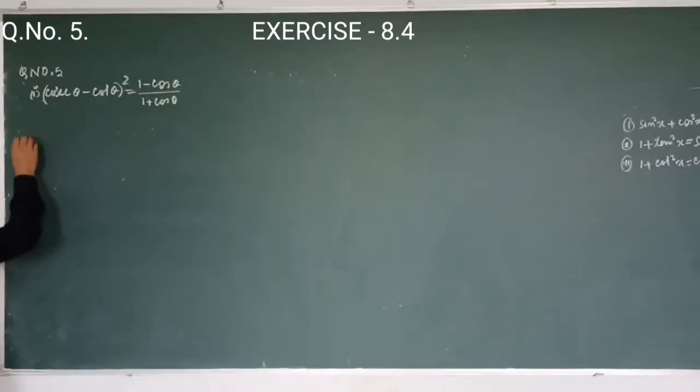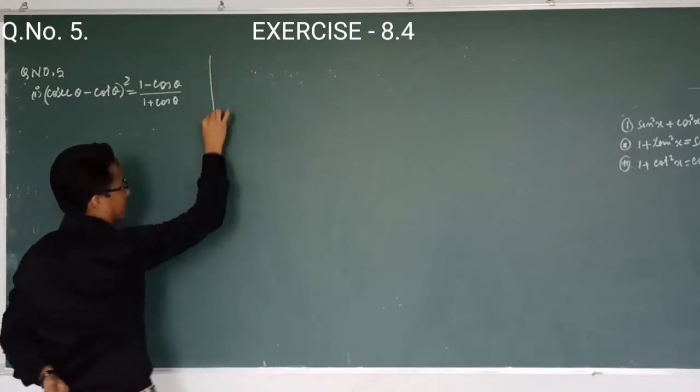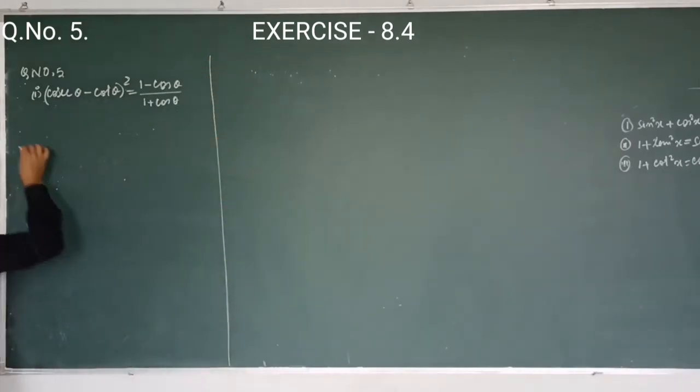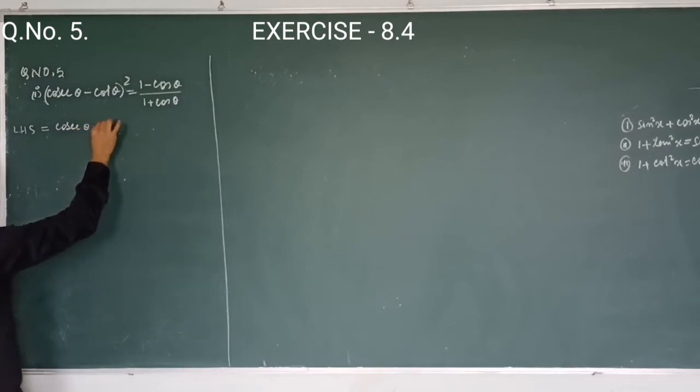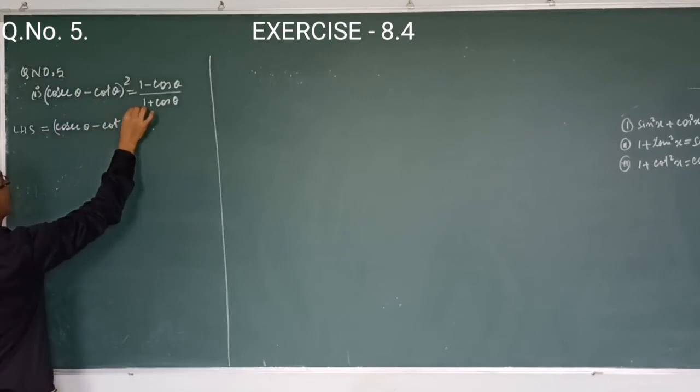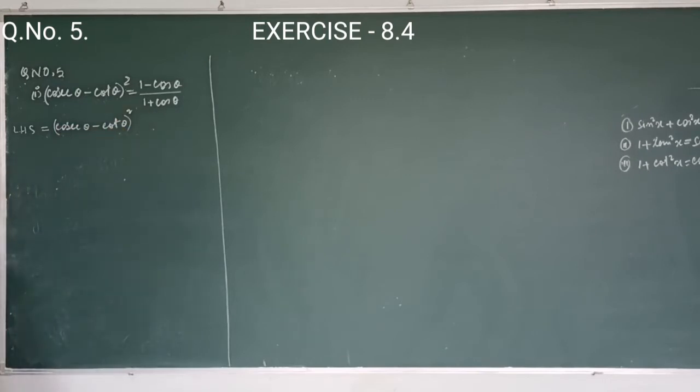We take the left hand side, which is cosec theta minus cot theta, whole square. Now we convert this cosec and cot.